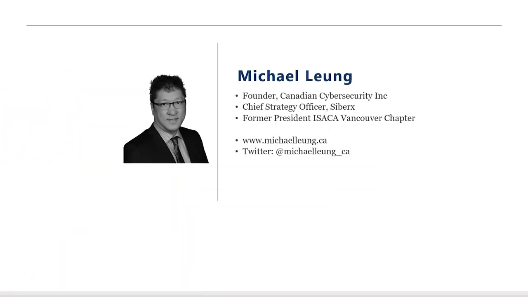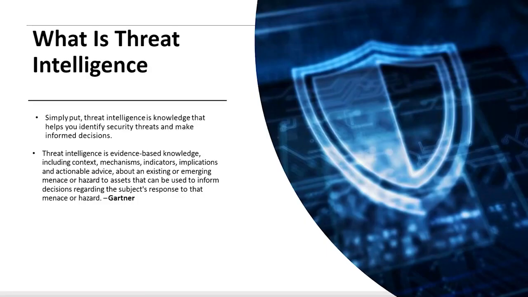So since Meher had already done the introductions, I'll skip the slides which were introducing us. So I'll jump on to what is threat intelligence, and I won't spend much time on it. So in short, threat intelligence is just knowledge or information which helps individuals and organizations to make informed decisions around incident response or countering any kind of cyber incident.